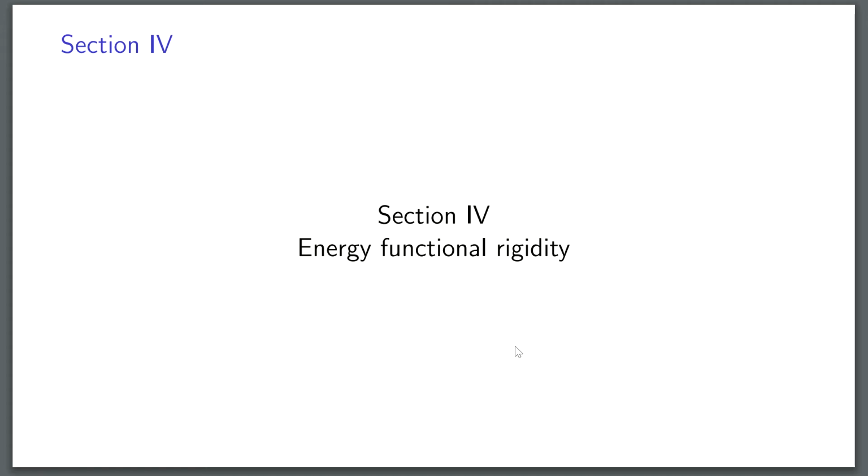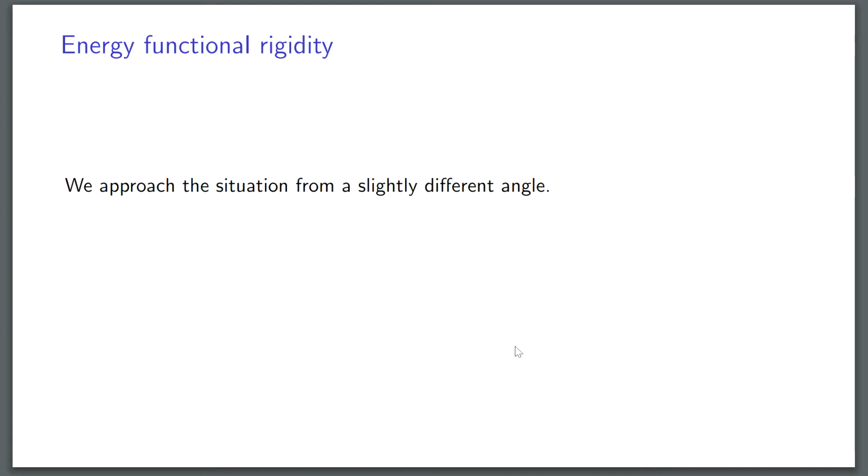In this part, we take a rather different approach to the energy functional. We consider things from a slightly different angle, because the energy functional plays such an important role in the study of Hitchin components and Hitchin representations.